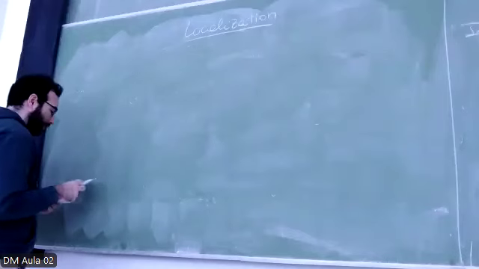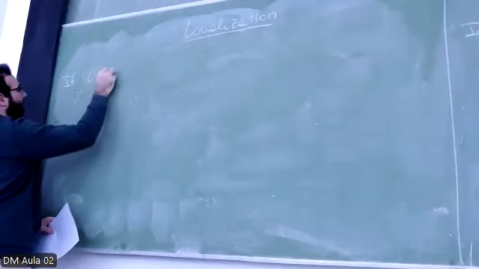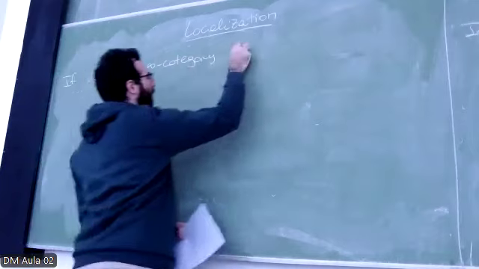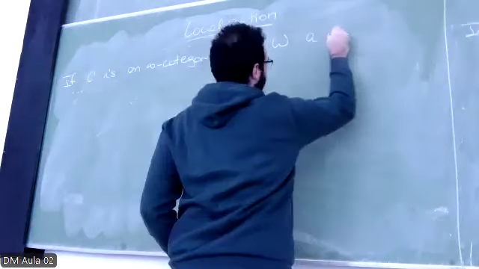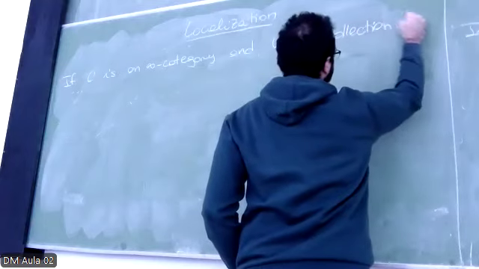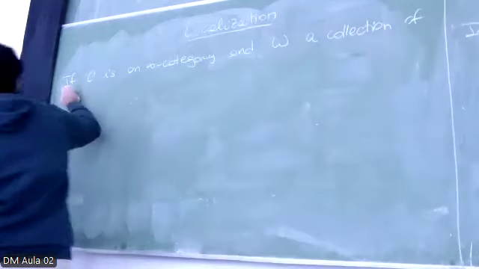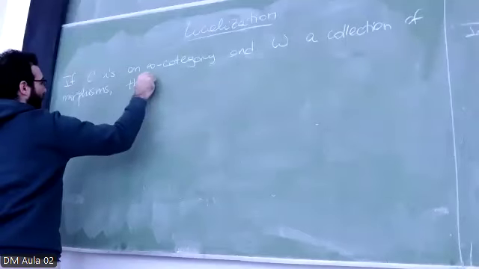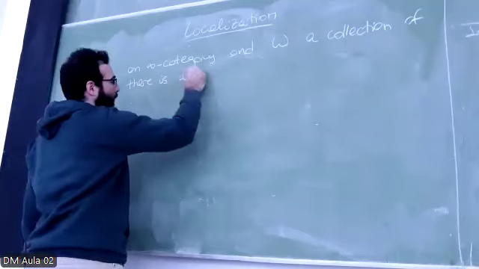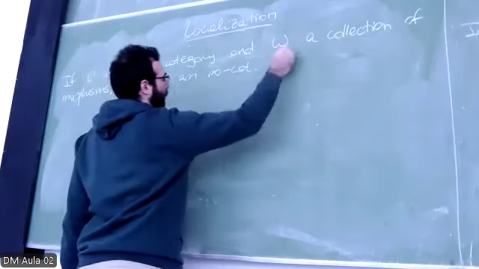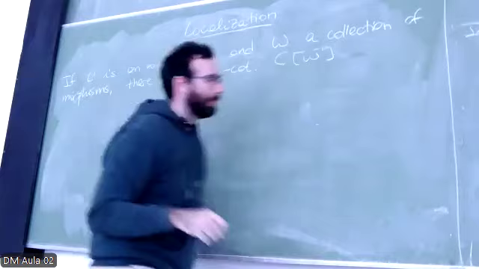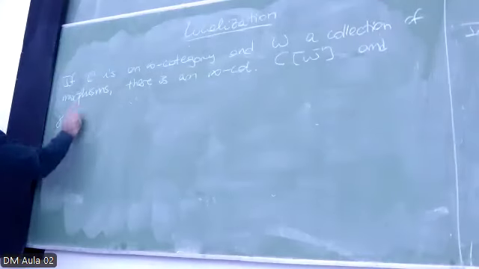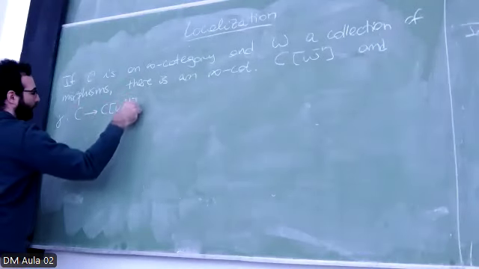Okay. So anyway, if C is an infinity category and W is a collection of morphisms, then there is an infinity category, which I will call C[W^-1], and a functor gamma from C to C[W^-1].